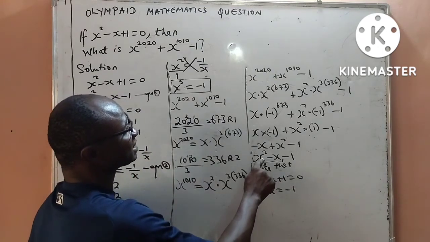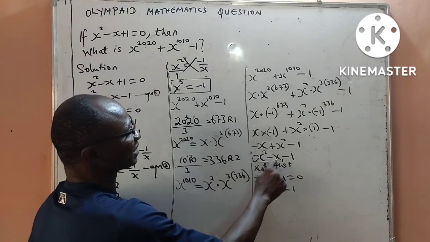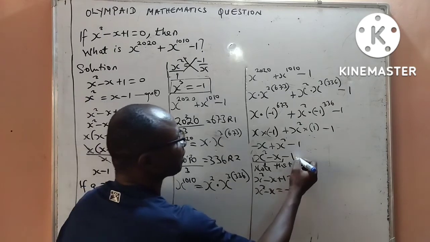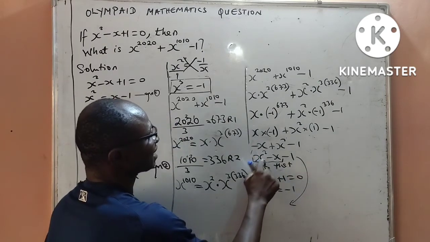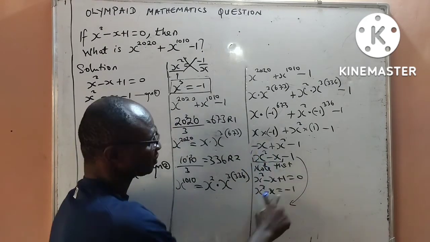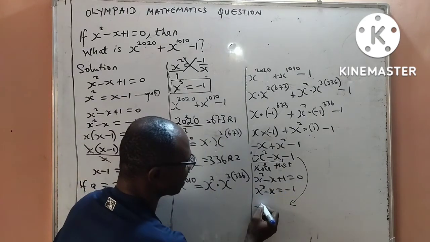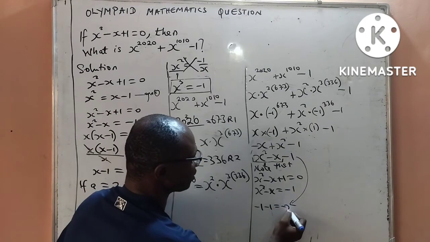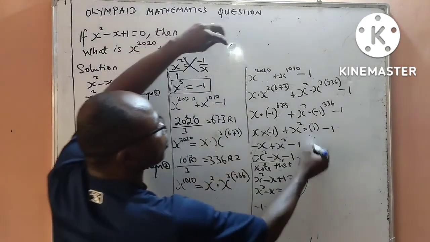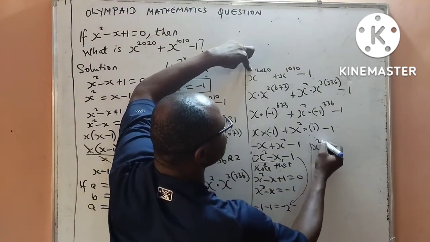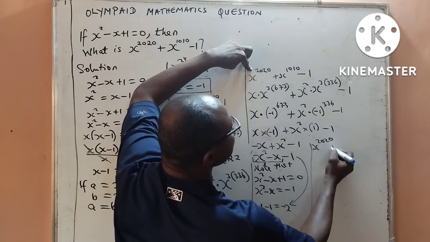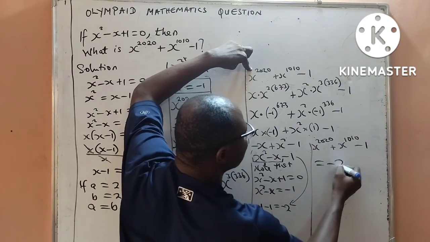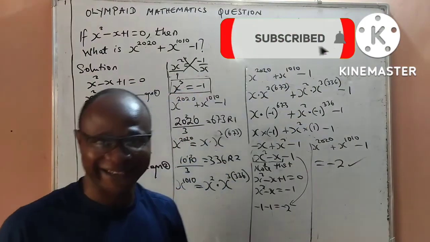Therefore, I can now replace this x raised to power 2 minus x, which is here, as minus 1. Therefore, bringing this down, I will now have x raised to power 2 minus x, as it is here, as minus 1. Then this minus 1 will come, giving me minus 2. In conclusion, we can say, therefore, x raised to power 2020 plus x raised to power 1010 minus 1 is equal to minus 2. Final answer.